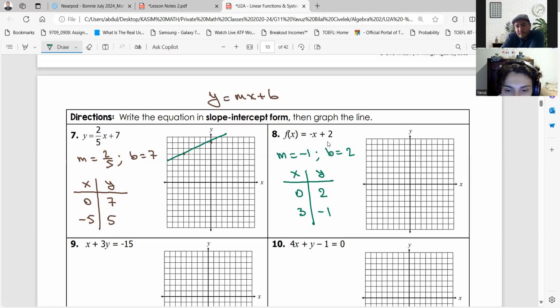It is minus 3 plus 2, which is -1, right? And now let's plot these points: 0, 2 is here, and 3, -1: 1, 2, 3, -1, it is here. Put your ruler and just connect them. It will be the graph of this function.